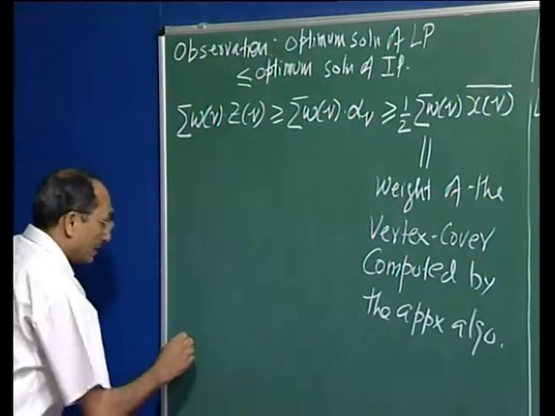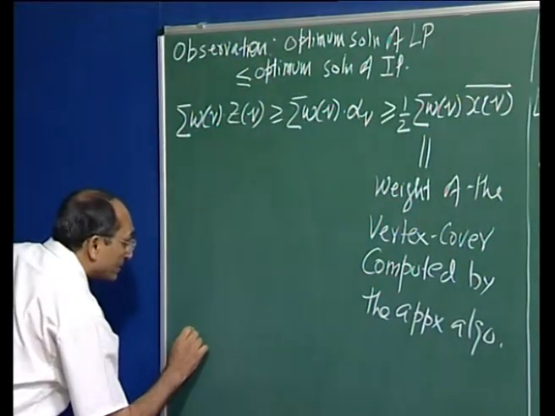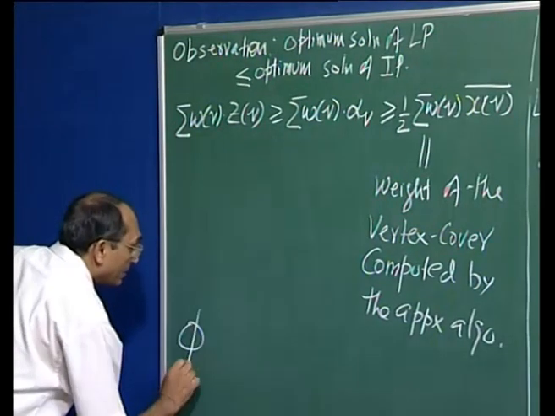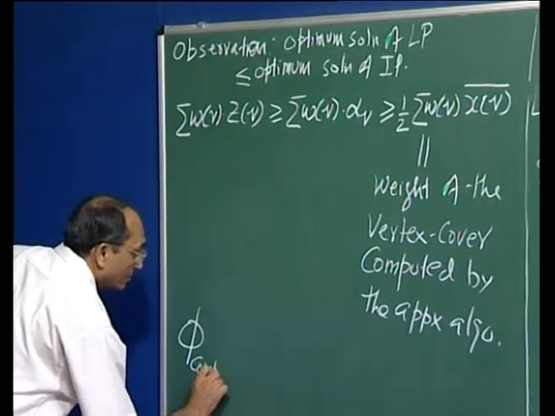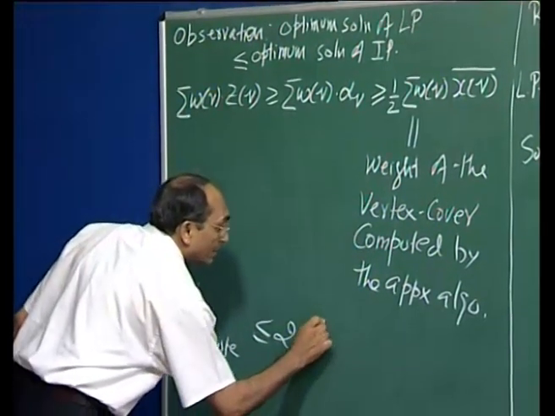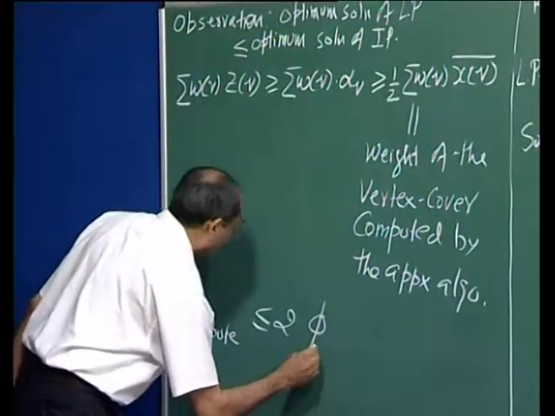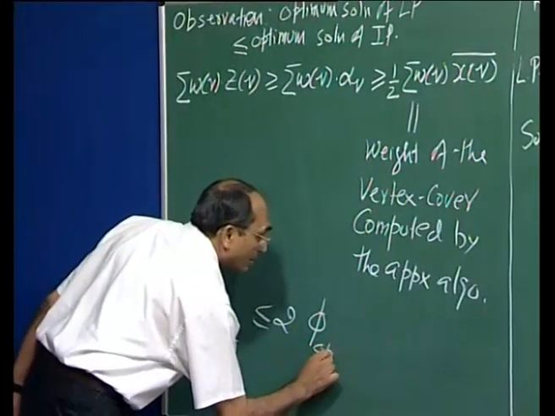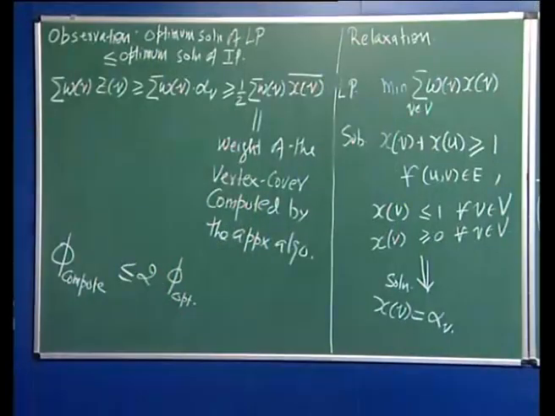Hence, the objective function phi computed is less than or equal to 2 times the objective function of the optimal solution. Okay.